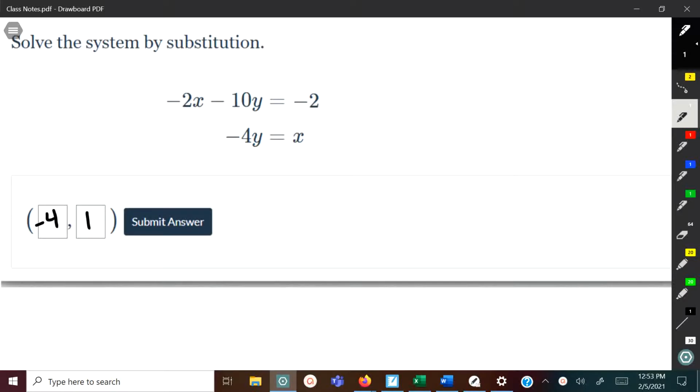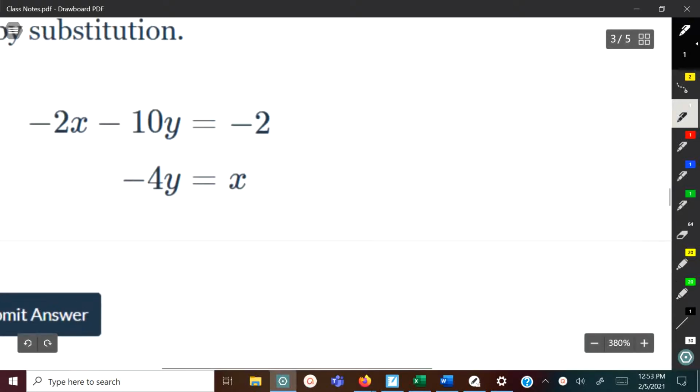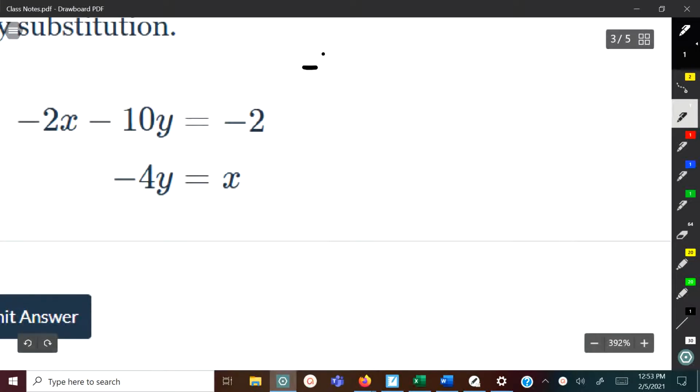I'm going to take this negative 4y and plug it in for x, because negative 4y equals x. So I have negative 2x minus 10y is equal to negative 2.